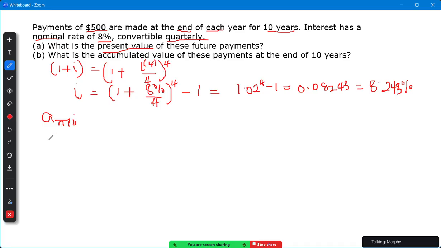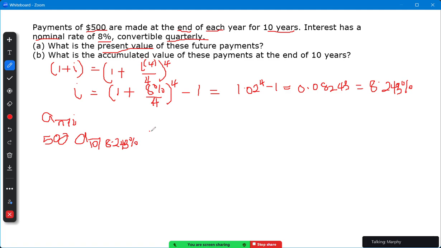So what I'm going to calculate now is going to be 500 times this, which is going to be 10, and that's because I have n to be 10, for 10 years. And then my i, which is going to be this, 8.243%.